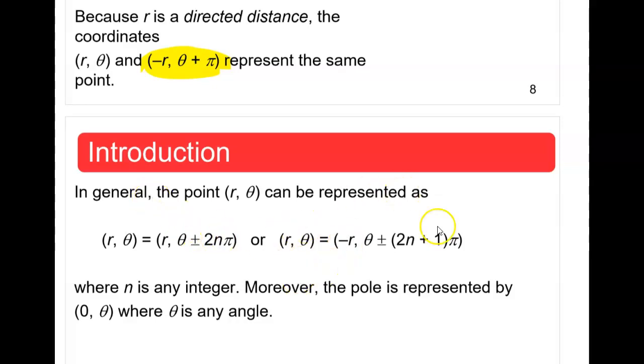And so in general terms, you could make as many points as you want by either adding or subtracting multiples of 2 pi. And I say multiples because we have this n here. So n could be a 1, a 2, a 3, or any negative number. But since they're already using positive, negative, they're already expressing that.